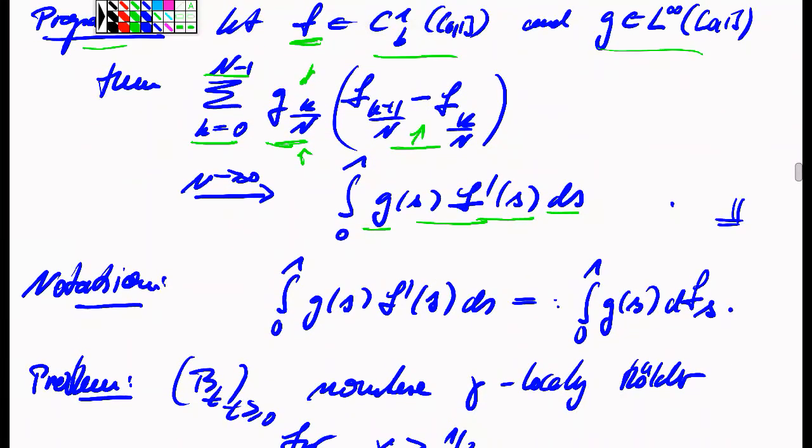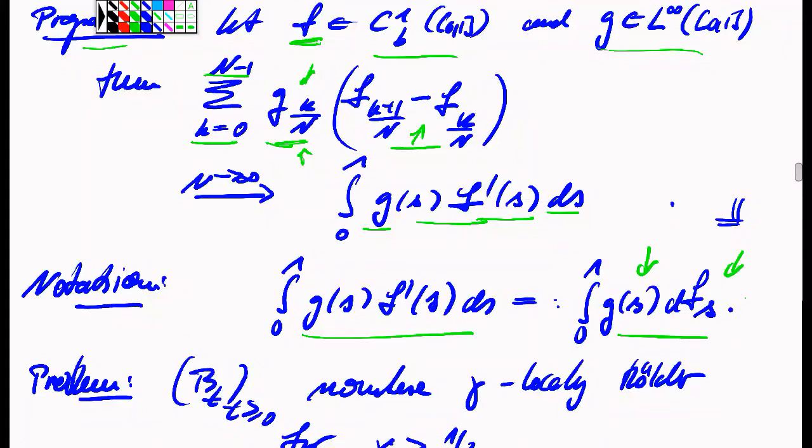And in this case, we write for the corresponding limit integral, which we had just seen is this classical integral of g times f prime of s ds, also the integral of g against the infinitesimal increment measure of f, df_s.